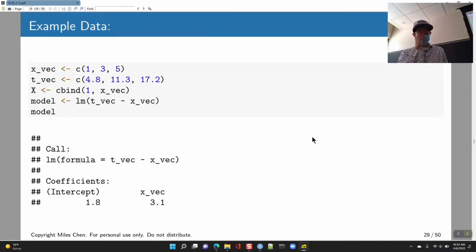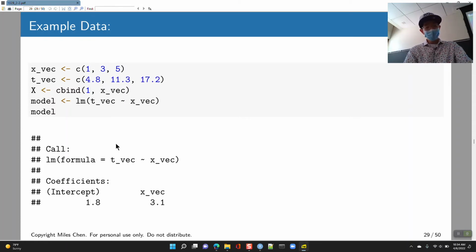Okay, so we are going to do a very simple example. I've got 3 points: x is 1, 3, 5, and the values of y, or t, are 4.8, 11.3, and 17.2.